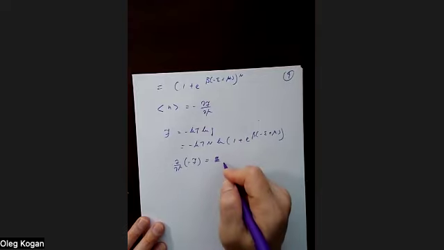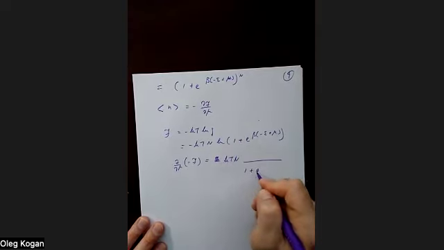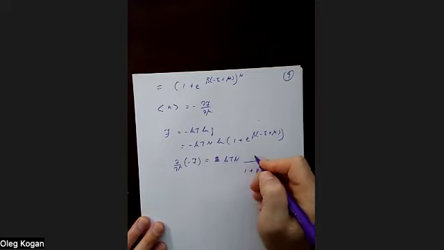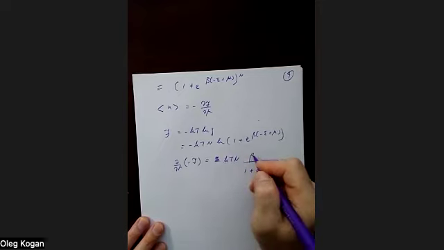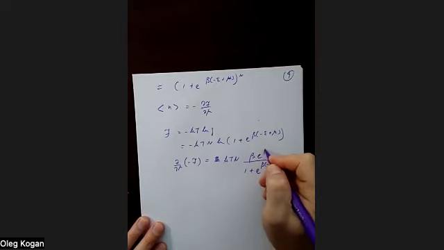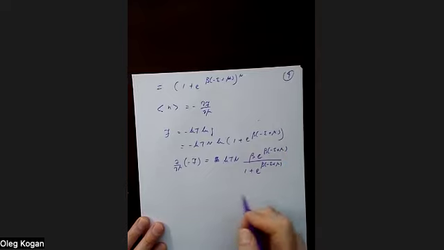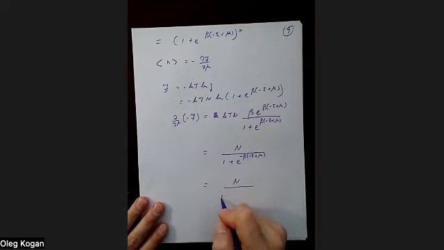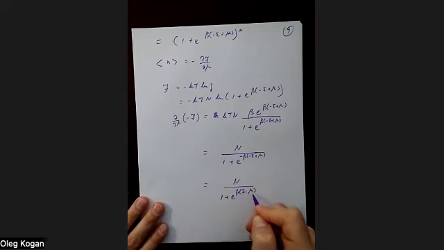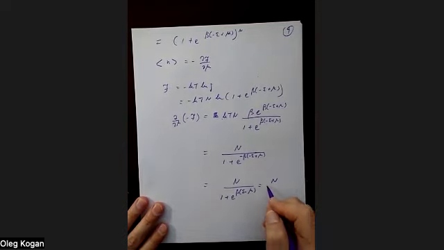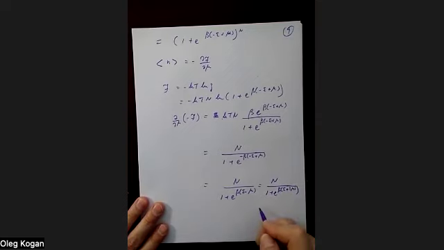I take the derivative with respect to mu, I bring the beta down, and that cancels the kT. That gives N over 1 plus e to the minus beta minus epsilon plus mu, and that's just N over 1 plus e to the beta epsilon minus mu. But mu is negative. That's the same as N over 1 plus e to the beta epsilon plus the absolute value of mu. So, same result.